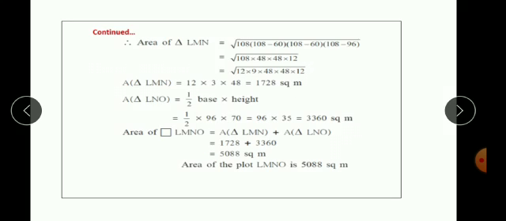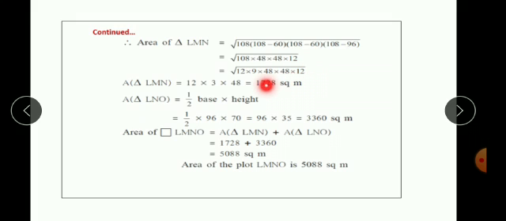Let us continue this sum in the next slide. So therefore, area of triangle LMN is equal to under root 108 into 108 minus 60, which is 48. Again 108 minus 60 is 48. Again 108 minus 96 is 12. So in this way, find out the factors of 108: 12 into 9, and 48 is as it is, this also 48 as it is, and 12.